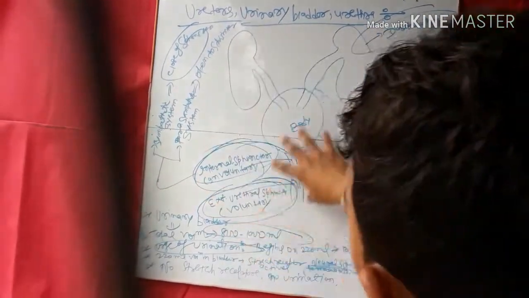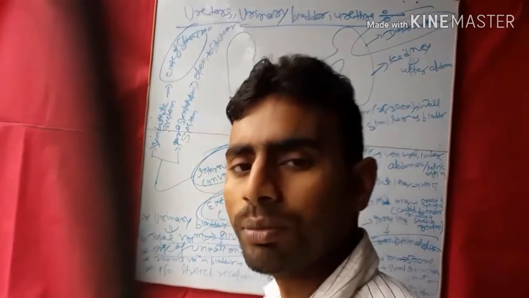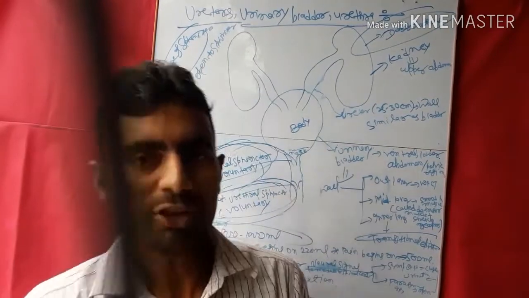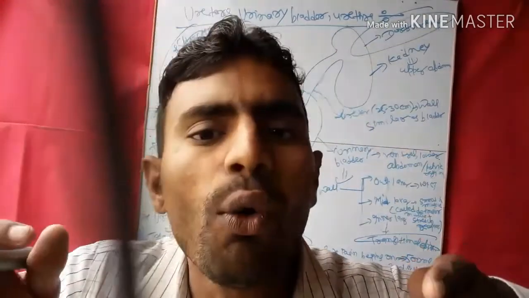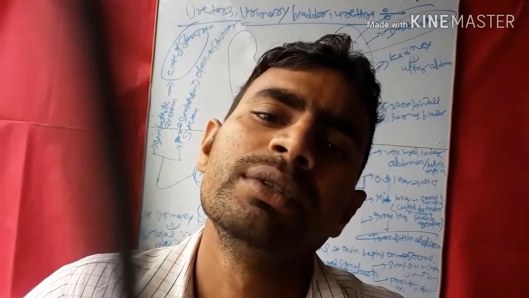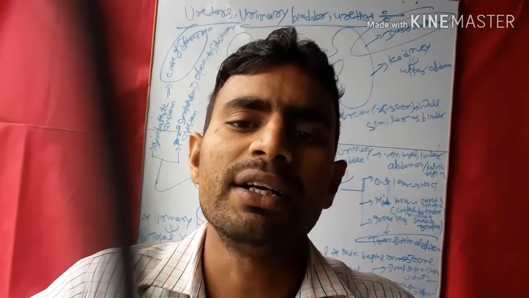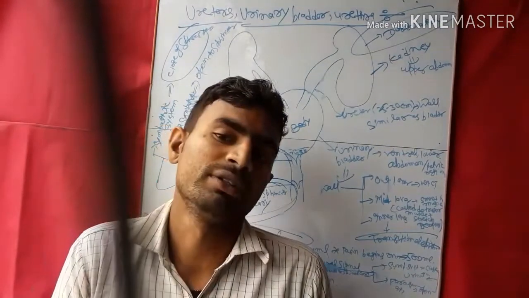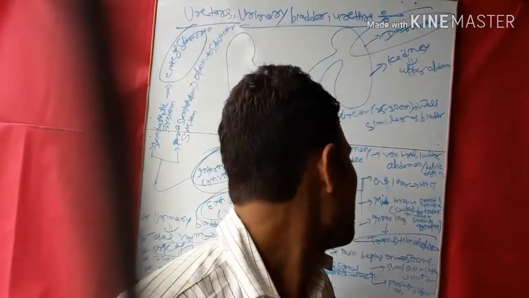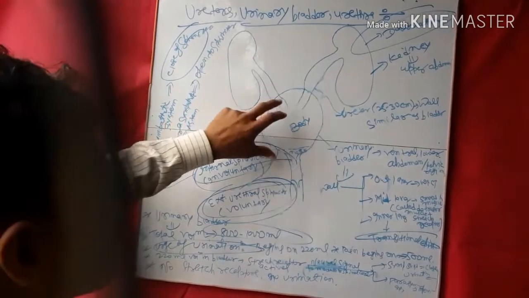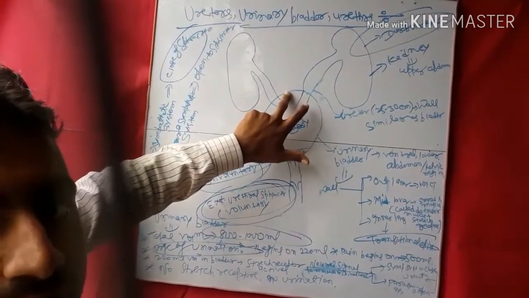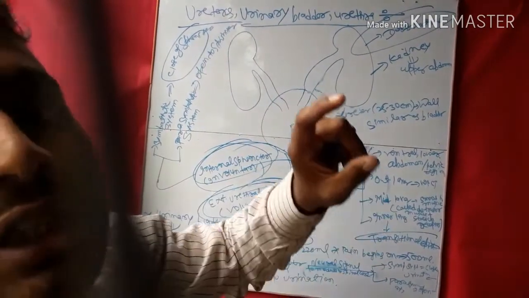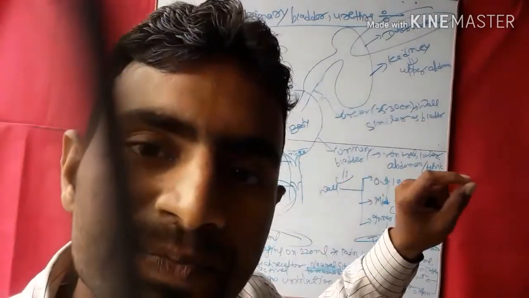The urinary bladder's total volume is 800 to 1000 milliliter. This means the urinary bladder can store a maximum of 800 to 1000 milliliter of urine, but the urge of urination begins at 220 milliliter of urine.